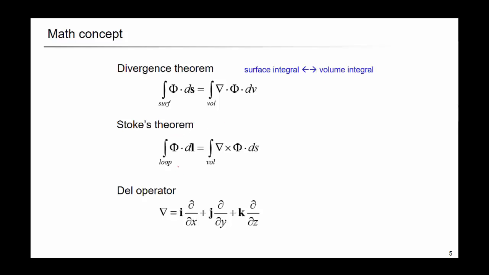And Stokes theorem changes a loop integral into the volume integral of the curl of something. And the del operator shows the gradient along each normal vector. Right? So this is the gradient.